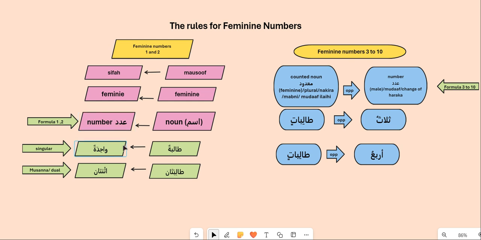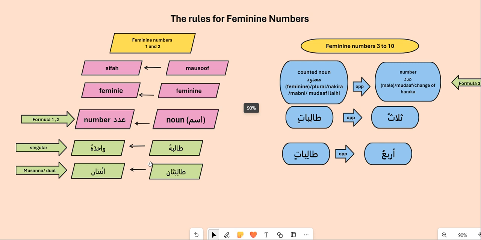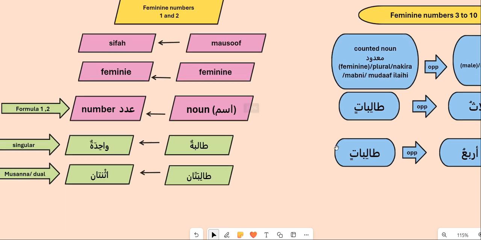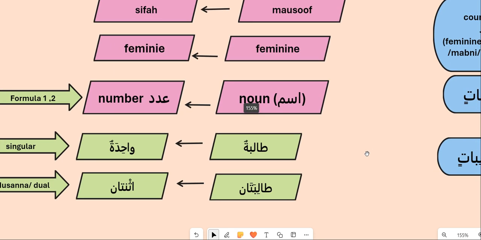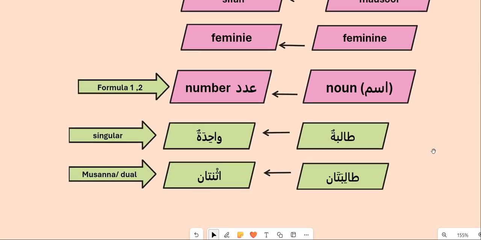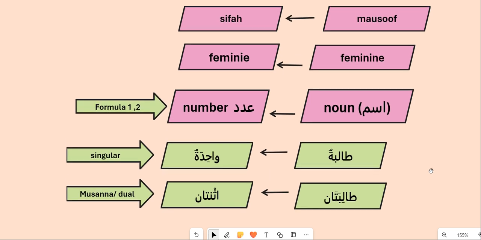And now we come to the Muthanna form, and that deals only and only with number 2. Muthanna means the dual, so dual means you are dealing with number 2. It shows 2, 1 plus 1, that is 2.